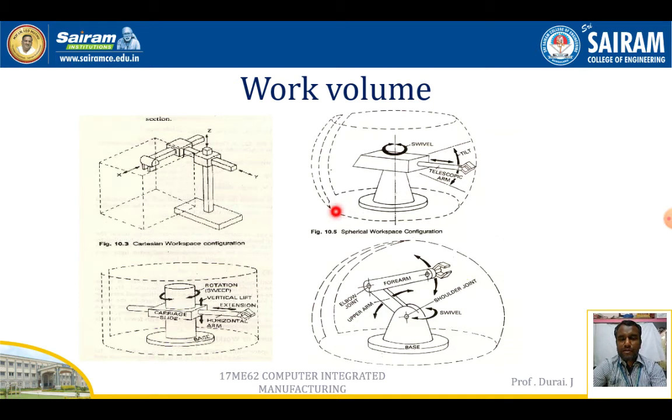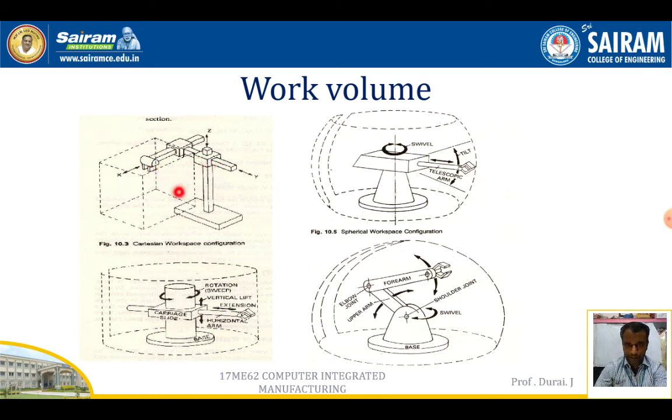Work volume is the maximum extent to which the end effector can be moved. That means the maximum distance the end effector can move to pick the component and drop the component. That is the work volume.